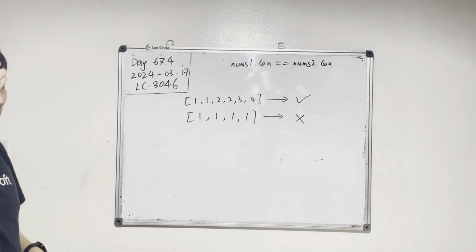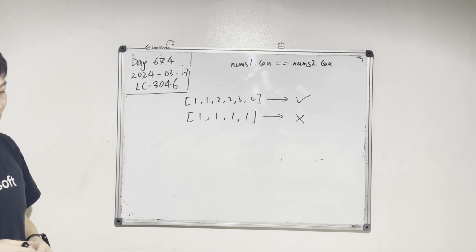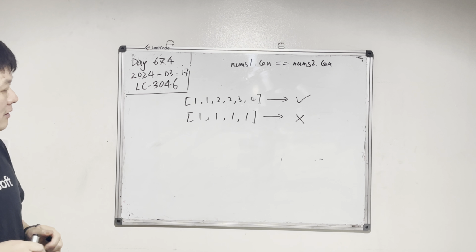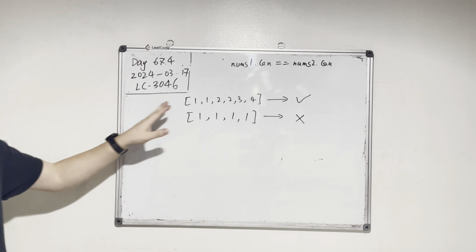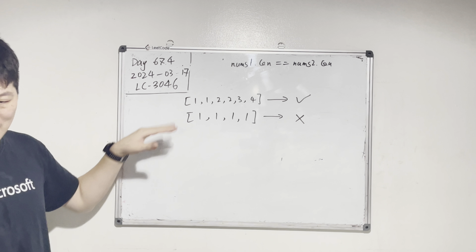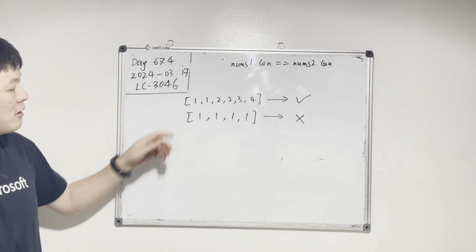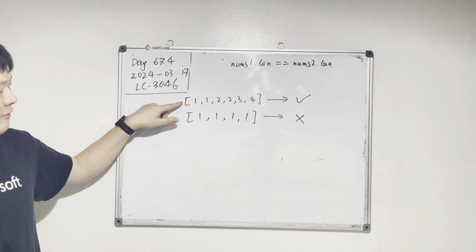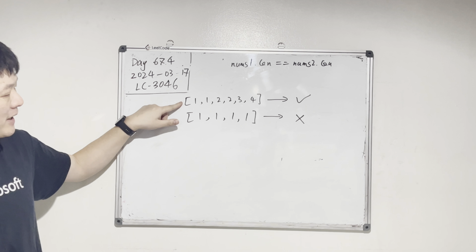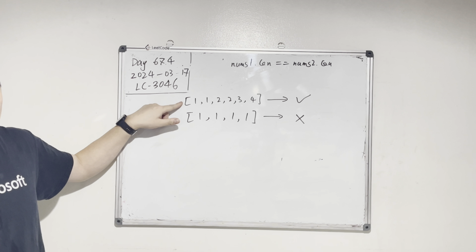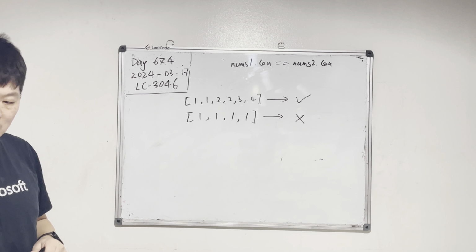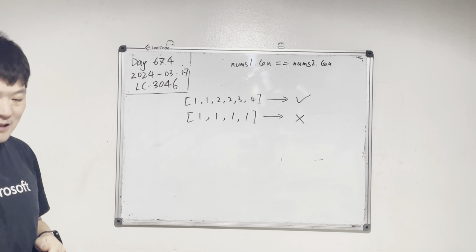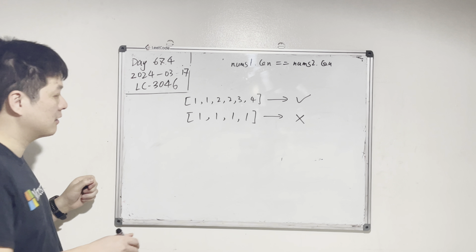The first one doesn't. Each side isn't equal. 1 plus 1 plus 2 equals 4, and 2 plus 3 plus 4 equals 9. We're not worried about that. You can choose any. So the first one we can split the array into two halves. You can only split into 1, 2, 3 and 1, 2, 4.